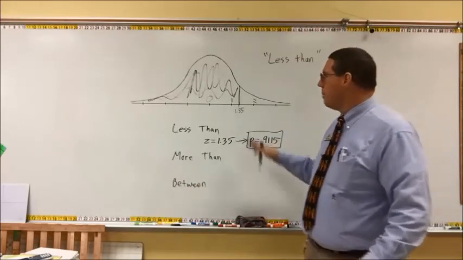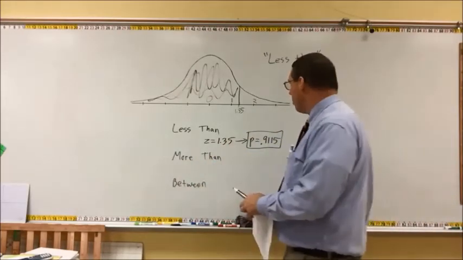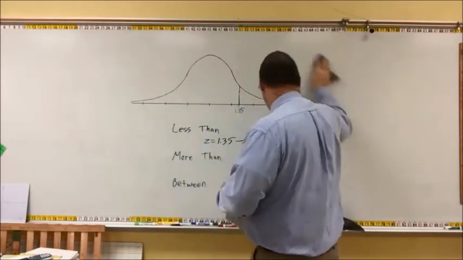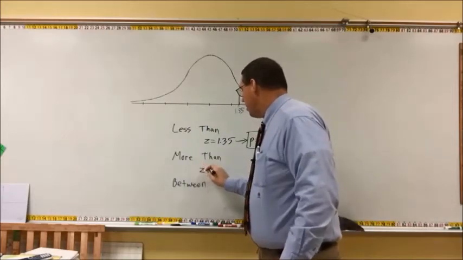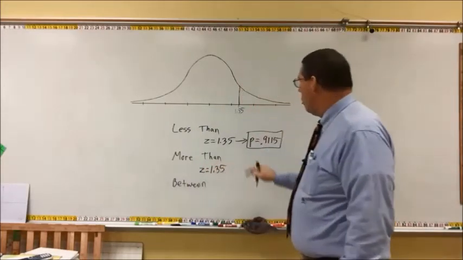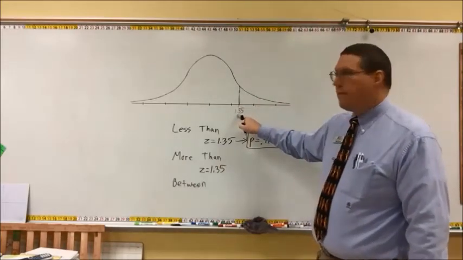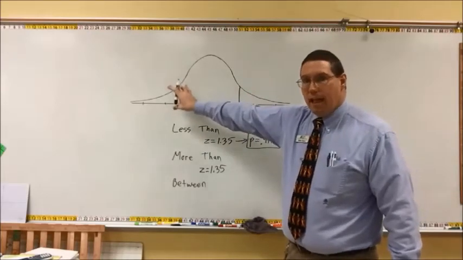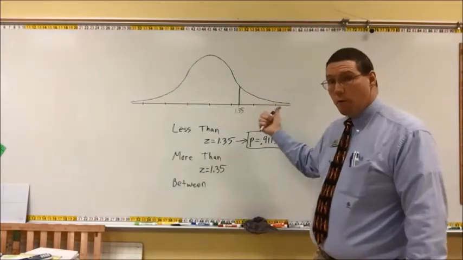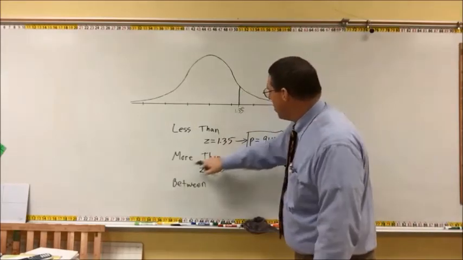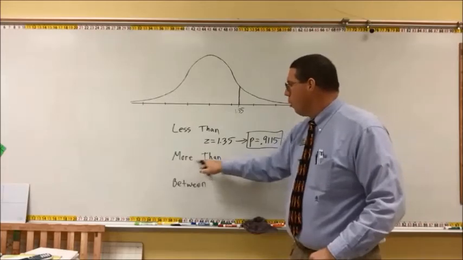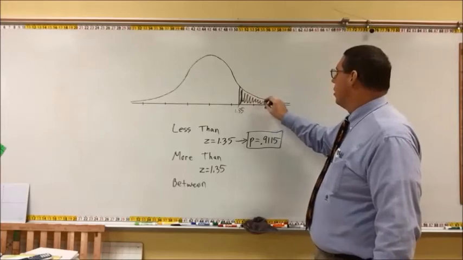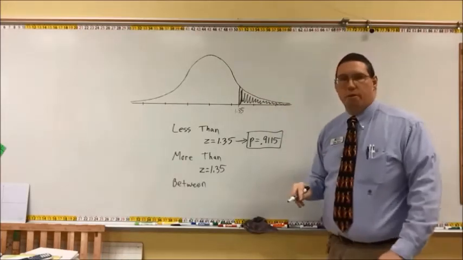Now let's do a more than proportion. What does more than mean? Let's say we wanted to know what proportion is more than z equals 1.35. Well, more than 1.35 is not on the left side. The left side is less. The right side is greater than, the right side is more. So we want to know this region right here, the proportion greater than 1.35.